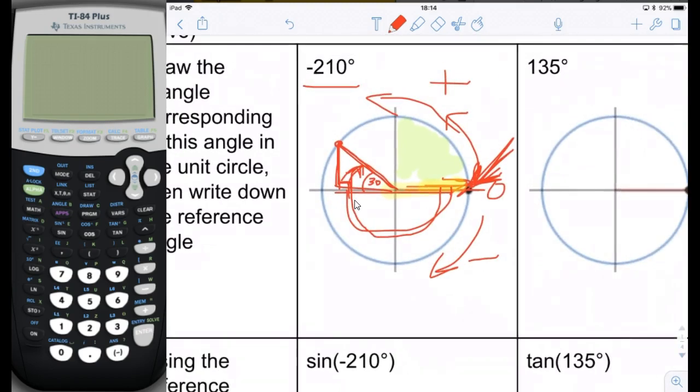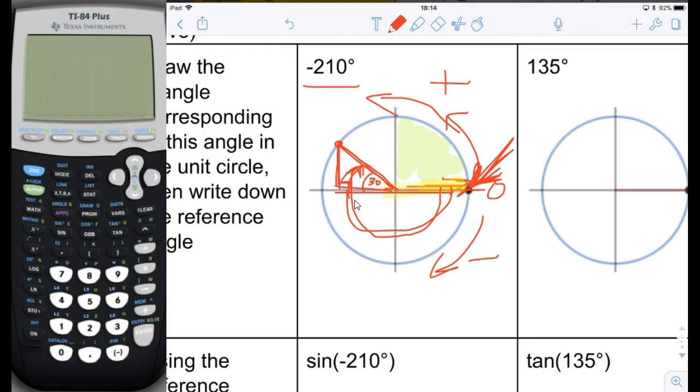And if it has a 30-degree angle at the origin relative to the x-axis, that means that is the reference angle. Okay, reference angles are between 0 and 90 degrees. They are the angle that's in the center of the circle, which defines the size of the reference triangle that you draw between the x-axis and your angle.